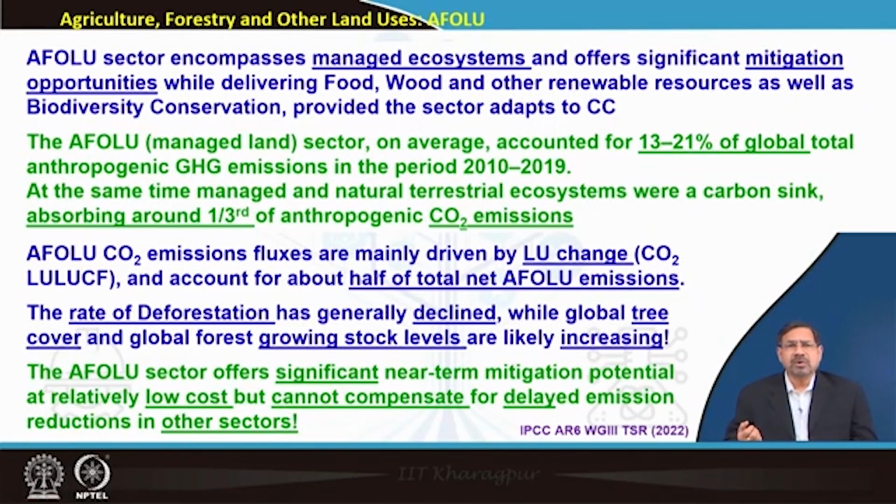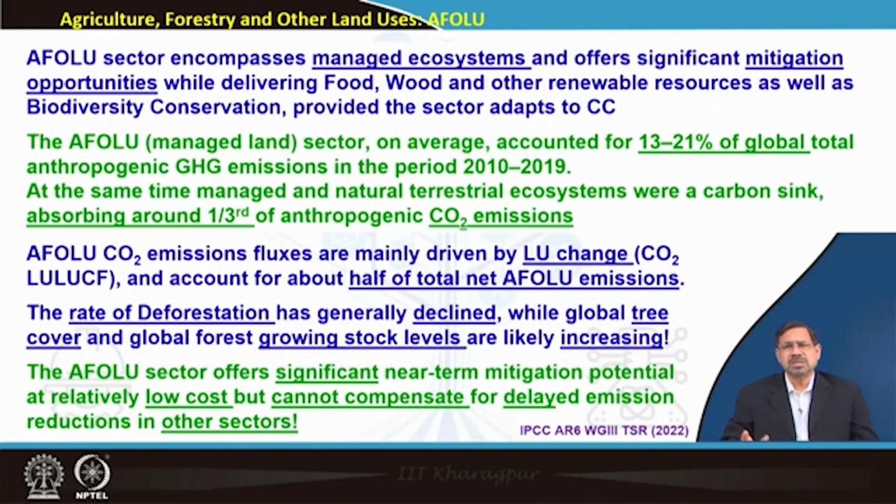dioxide. The AFOLU sector offers significant near term mitigation potential at relatively low cost, but cannot compensate for delayed emission reductions in other sectors. So, it has significant potential at a very, very low cost. That means it is the cheapest solution.